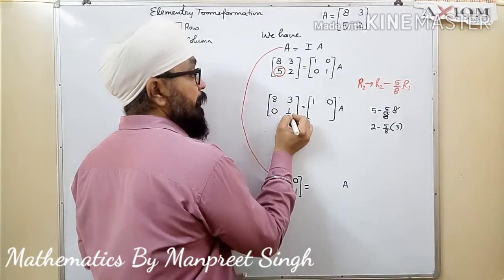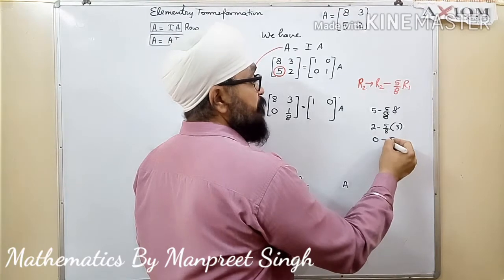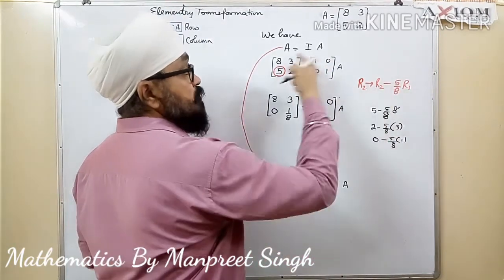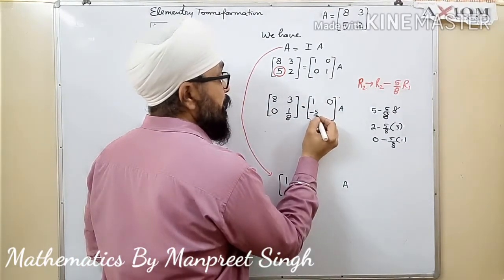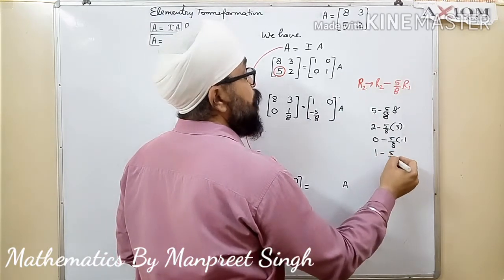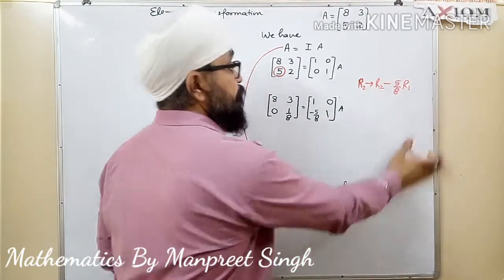I'm writing 1/8. Now the next element it is 0 minus 5/8 times ऊपर है 1. So this becomes minus 5/8 and the last element is 1 minus 5/8 और ऊपर है 0. We are getting 1. So this will be doing it in rough.